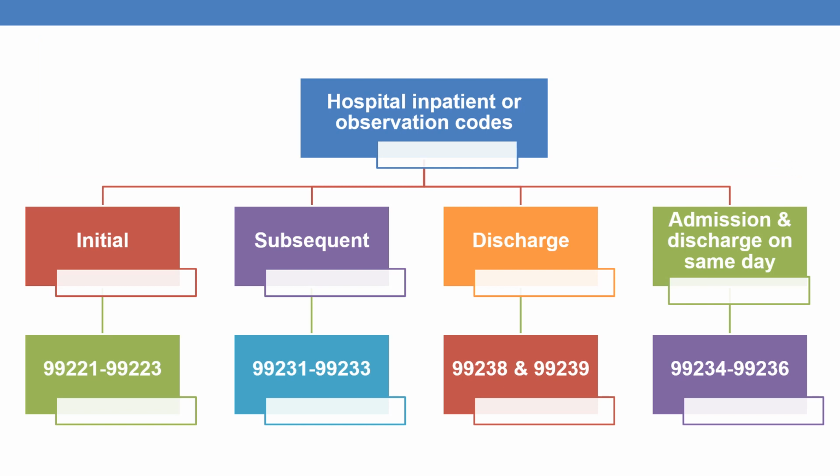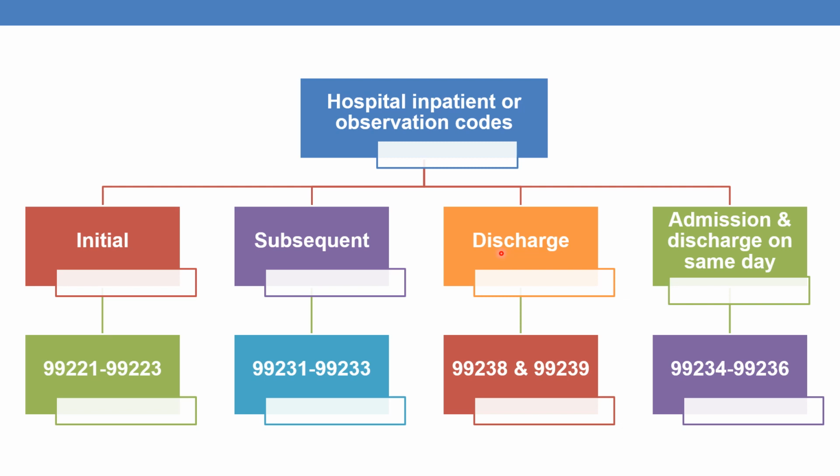Now, the various hospital inpatient or observation care codes are initial, subsequent and discharge, and the fourth category, admission and discharge on the same day. The initial inpatient or observation care codes come under the category 99221, 99222, 99223. The subsequent codes come under 99231, 99232, 99233.